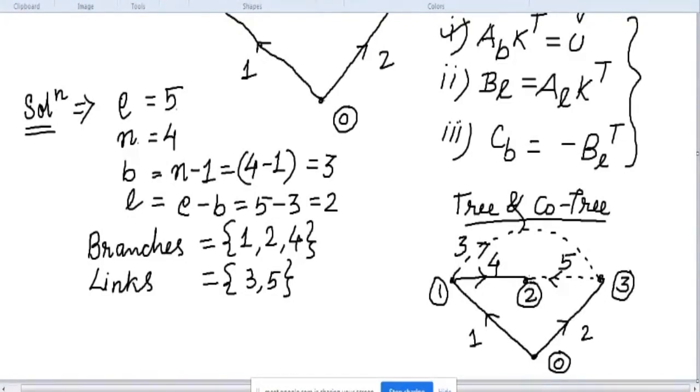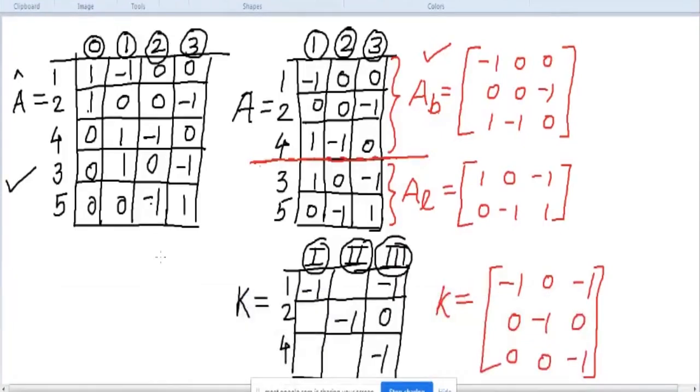So these are the two rules that we have to follow while selecting the branches and links. Links are the fictitious elements by closing which there is a formation of a closed loop. That's why we have chosen 1, 2, and 4 as branches. And ultimately, if 1, 2, and 4 are branches, the remaining two elements, that is 3 and 5, will be links.